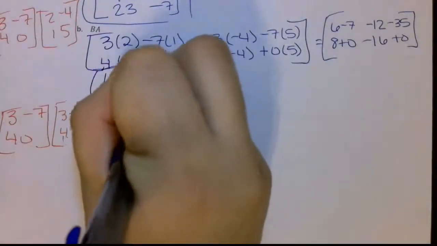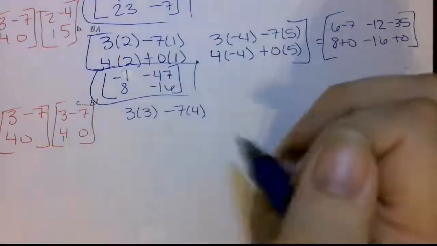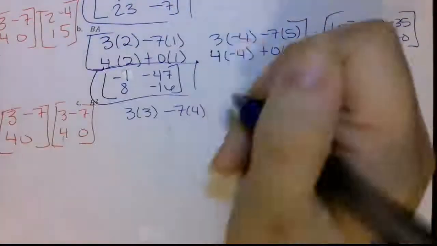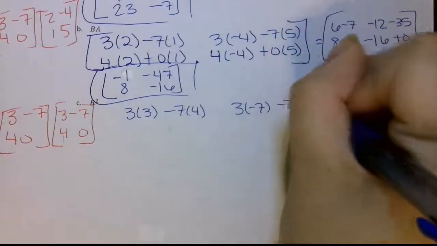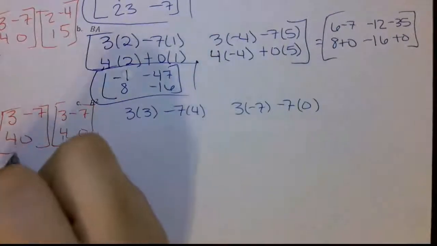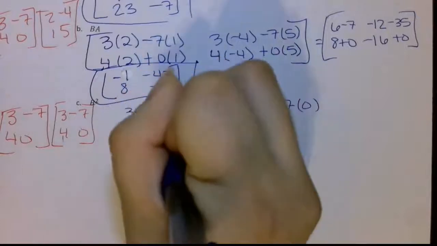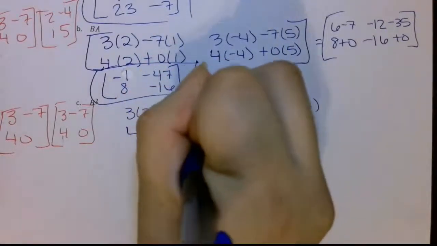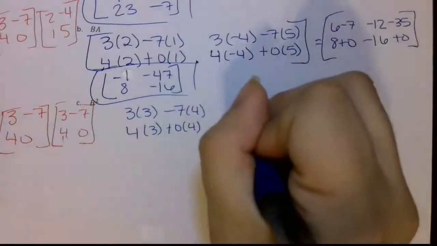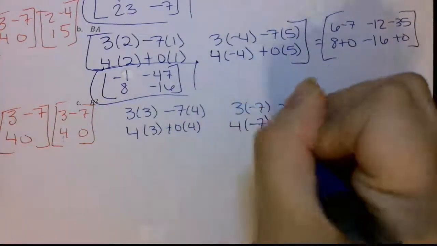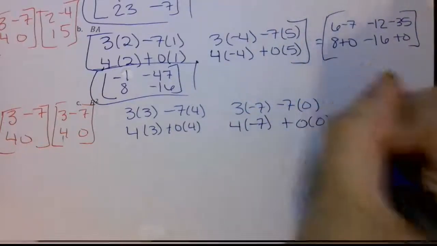I have 3 times 3 minus 7 times 4. 3 times negative 7 minus 7 times 0. And I'm going to use the bottom row with the columns. So I have 4 times 3 plus 0 times 4. Then I'm going to take this with this. I have 4 times negative 7 plus 0 times 0.